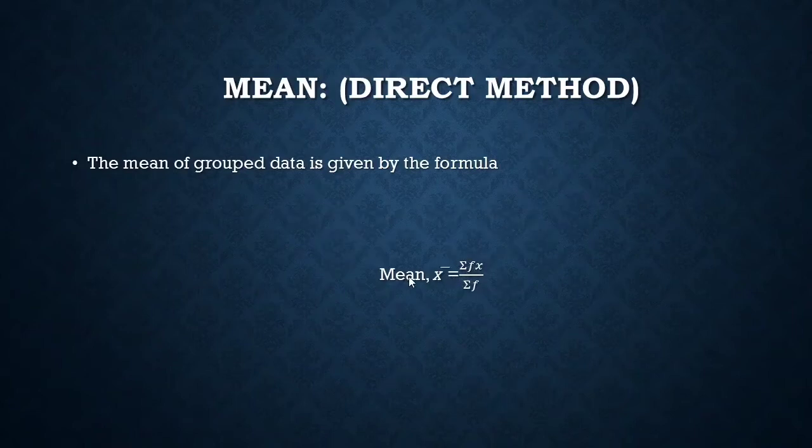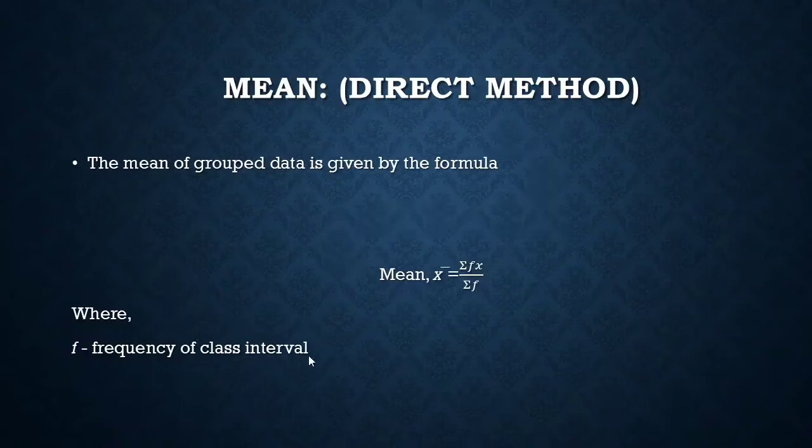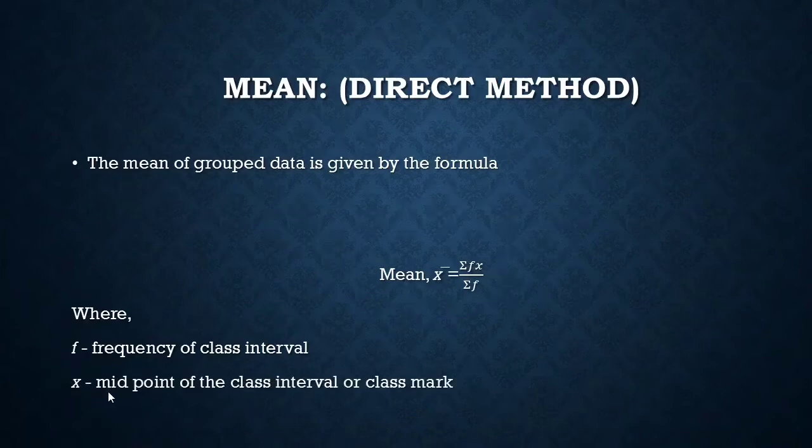So mean or x bar is equal to summation f x divided by summation of f, where f is the frequency of the class interval. As we know, in our grouped data we will be having two columns, one is class interval and the other is frequency. So f gives the frequency of the class interval, and x is the midpoint of the class interval. It is also called as class mark.